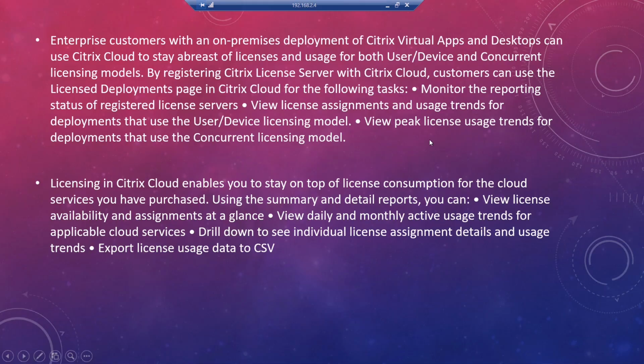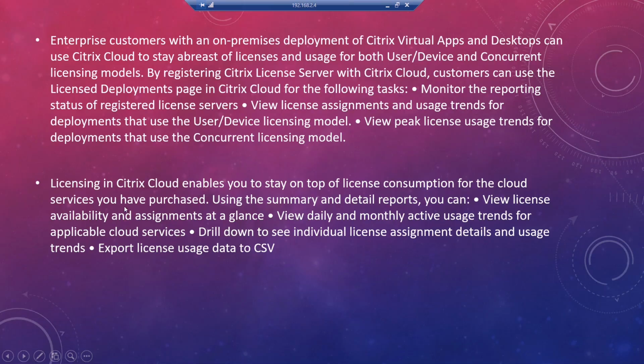And also you can have a look at the peak license usage. You can find out when exactly it is happening, in the month of July or June or some particular day. All these things you can find out using the usage trends for all the deployments that use the concurrent licensing model. Okay, so we can also find out peak license usage. Okay, let's go to the next point.